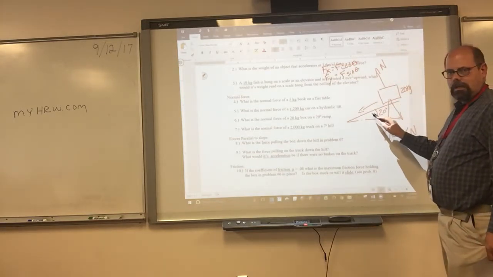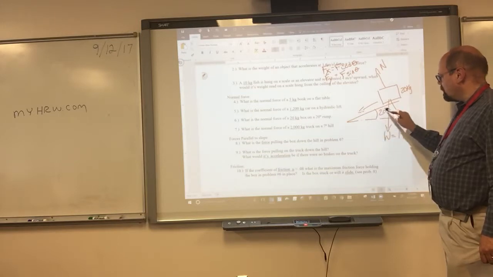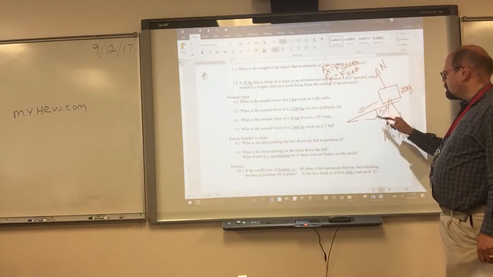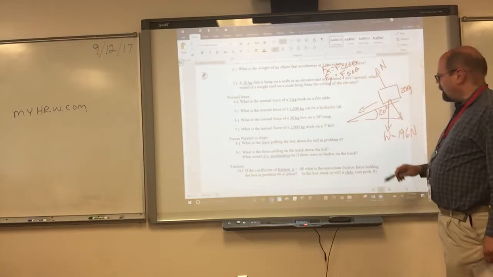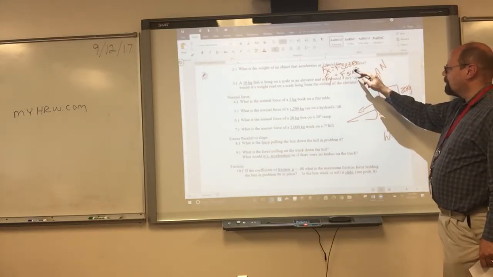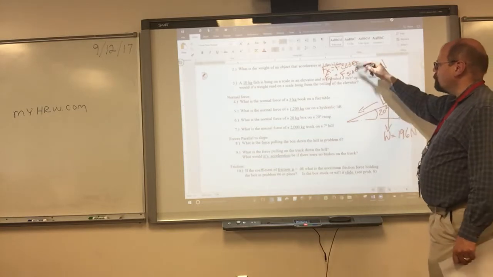But what's interesting is that in the ramp, this is 20 degrees, and it's this angle that's the one we need the angle for, right in here. And it's the supplement to that, or complement to that. And that ends up flipping which fraction, the cosine of a complement is equal to the sine of that same angle. These two just get switched.